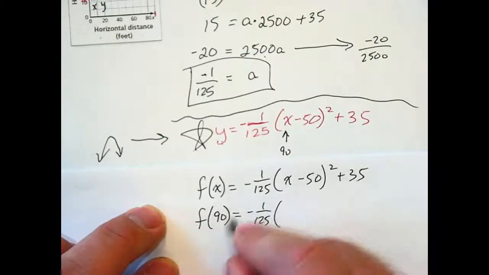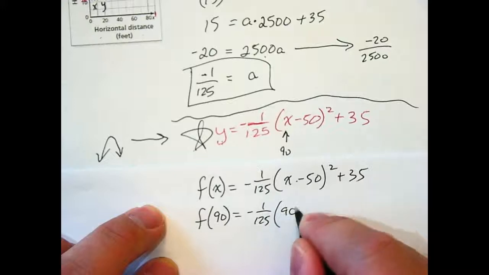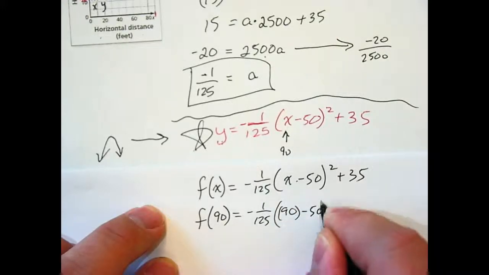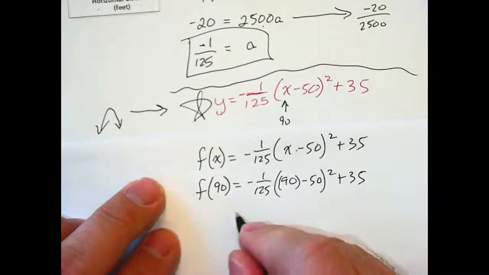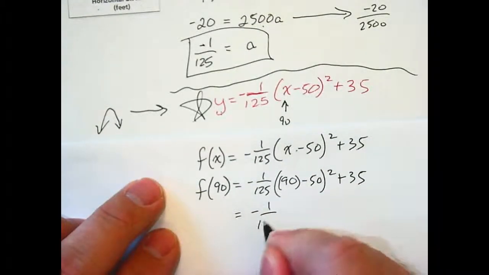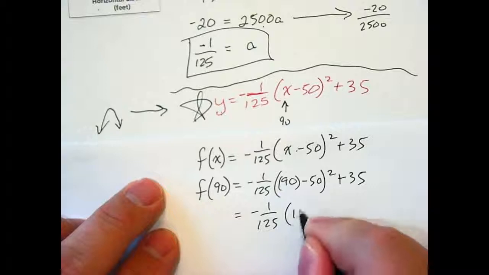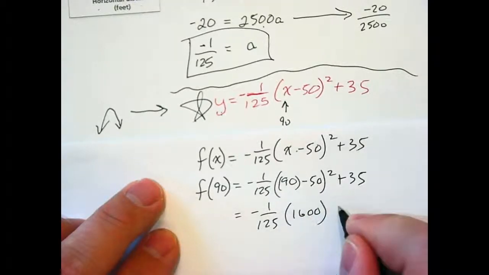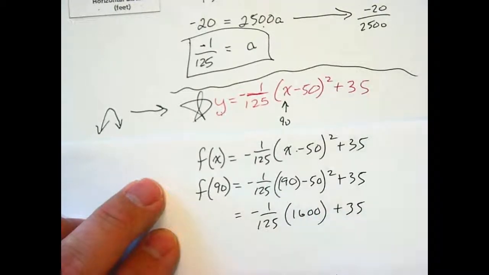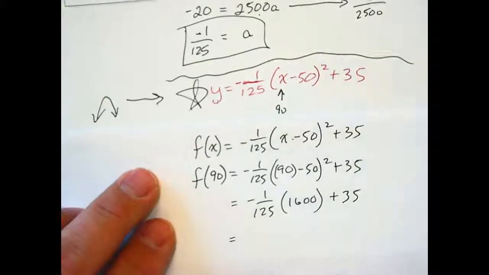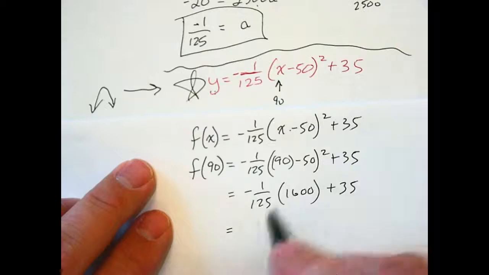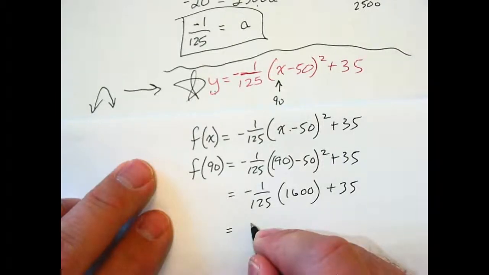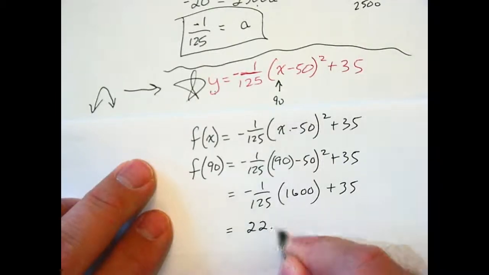And we know that whatever's here replaces x. All right, I believe this gives us 22.2.